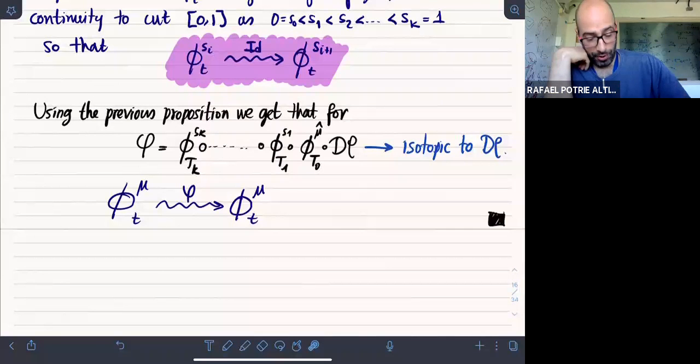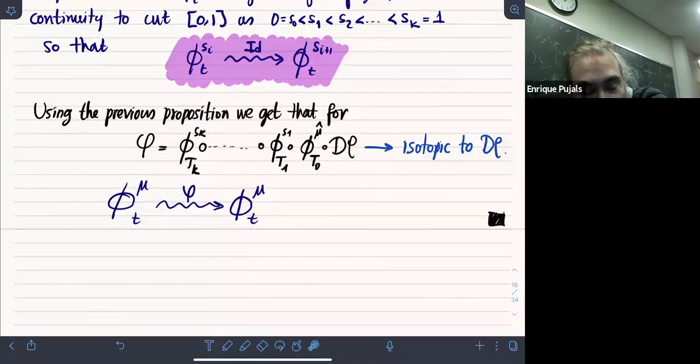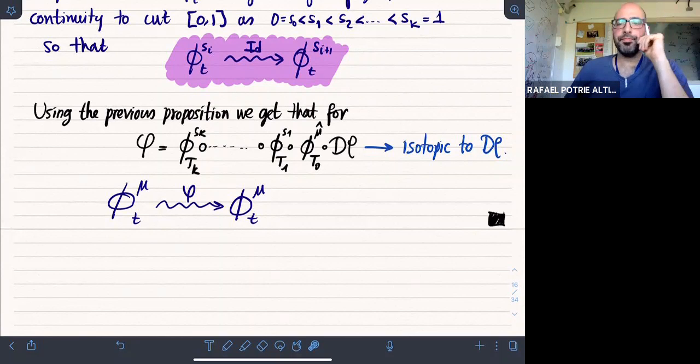Yes, and that is a problem because if I do Anosov diffeomorphisms, since I need to correct with it, then the isotopy class I lose control. Yes, good. But here you remain in control because you know that at the end everybody is isotopic to the identity, so they finish being isotopic to the phi. Yes. Good.